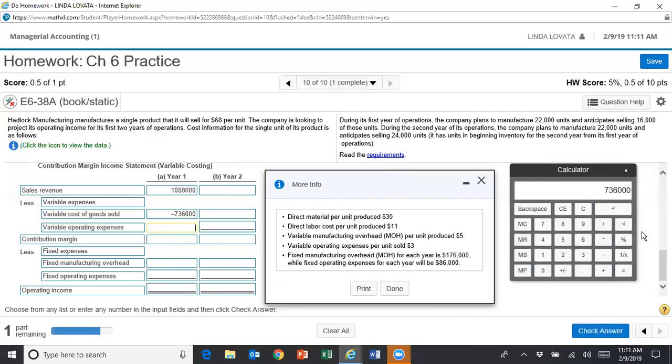My variable operating expenses are 3 times the 16 is 48. All right. And so 48.